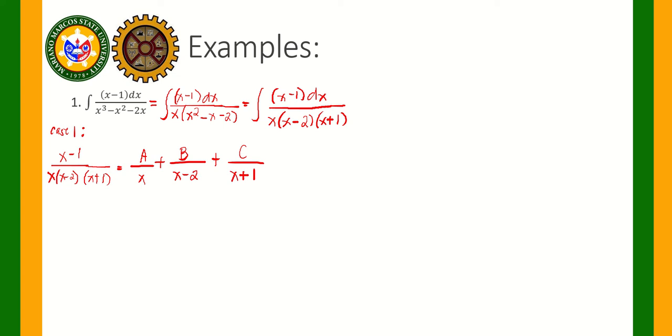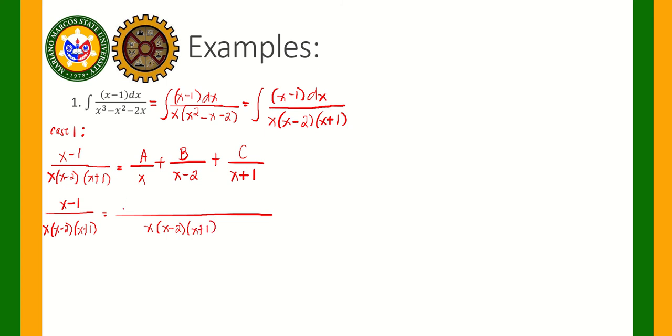Okay, so ganyan. And then, we simplify further, this will be equal to x minus 1 all over x times x minus 2 times x plus 1 is equal to, okay, yung LCD natin will be x times x minus 2 times x plus 1.